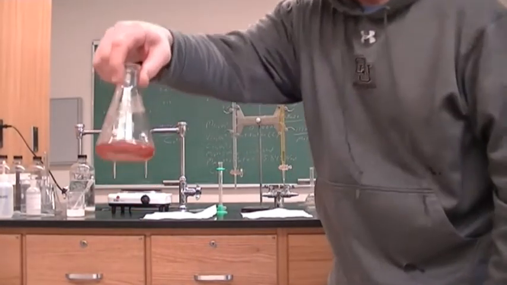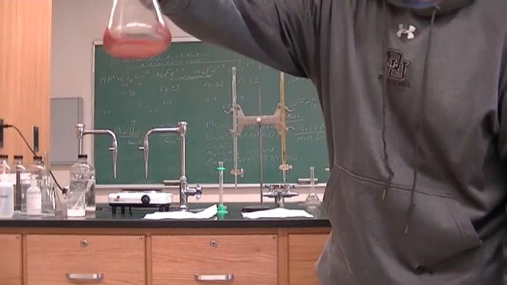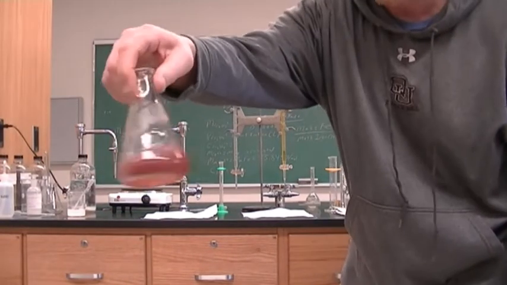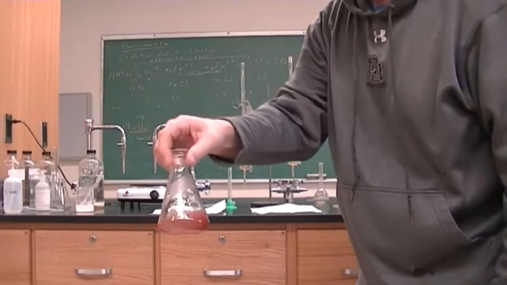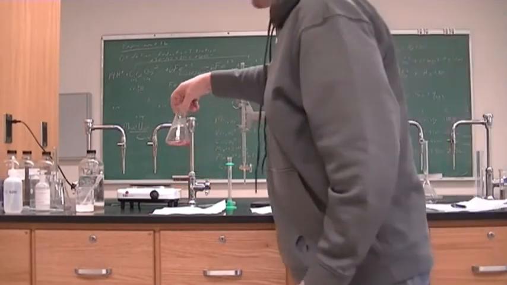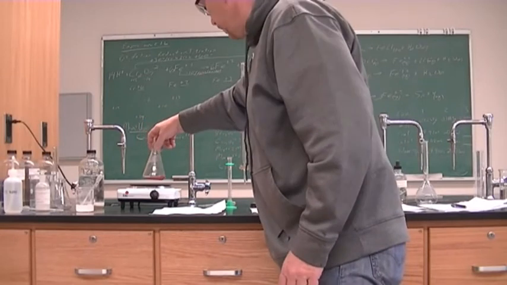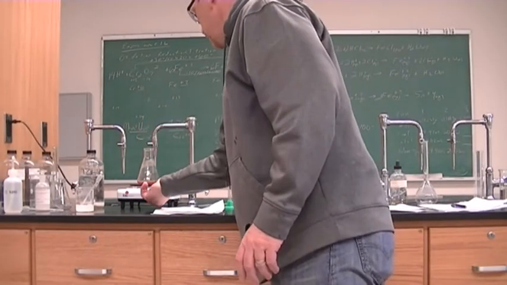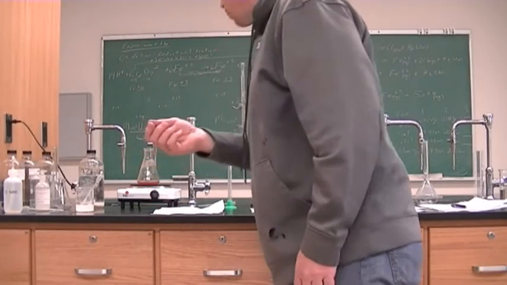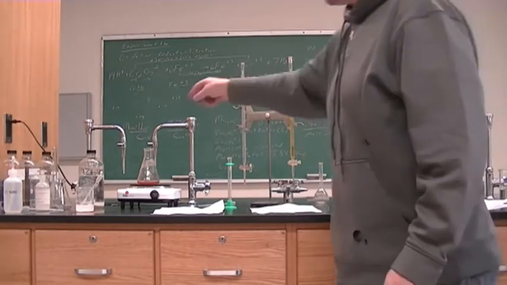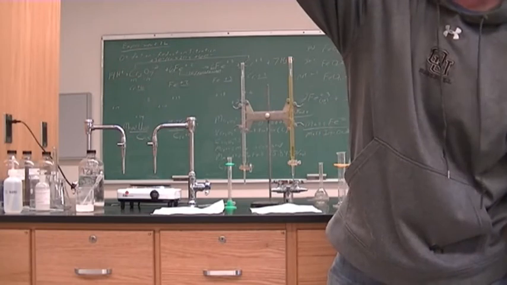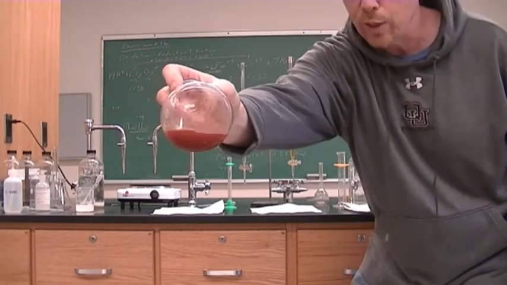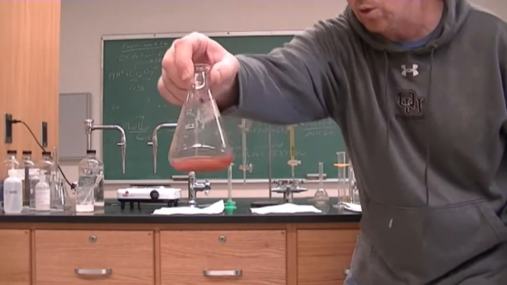It is not going to dissolve. It may dissolve over a long period of time. But in order to get this to dissolve quicker, we are going to heat it up on our hot plate. So here I have a hot plate, and I'm going to heat it up. You see that this is opaque. You can see some of the solid on the bottom. We do not have a clear solution.